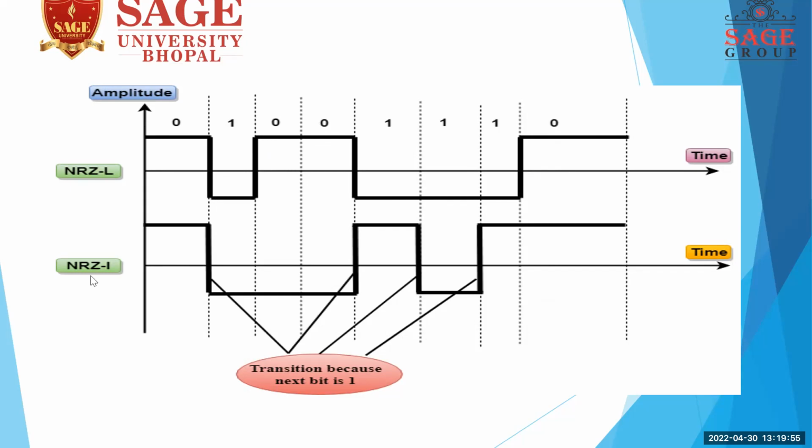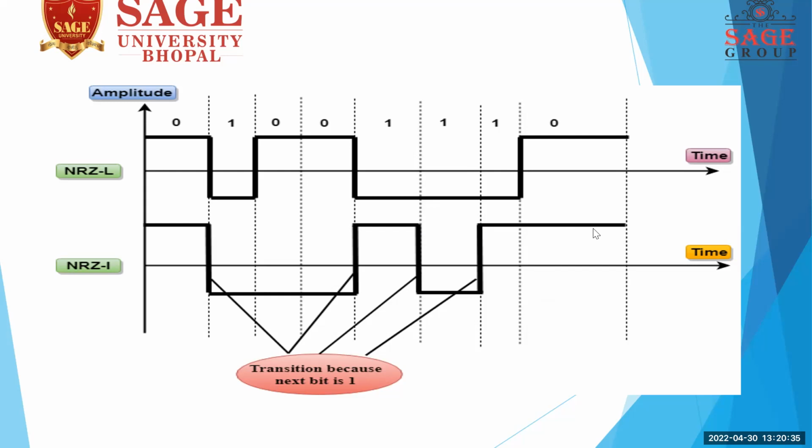And what about NRZ-I? In NRZ-I, 0 is represented by high voltage, so this is the high, and 1 is represented by low voltage. And in NRZ-I, when a 1 bit occurs, the transition changes. 1 is already low and 0 is no transition, so no transition, and again when the bit is 1, the transition changes.